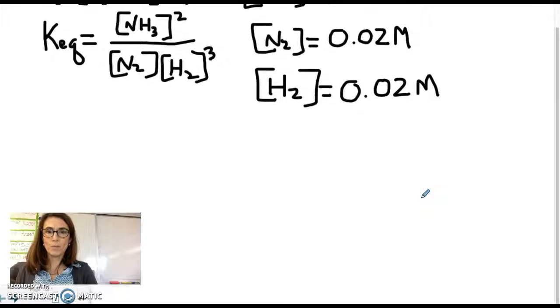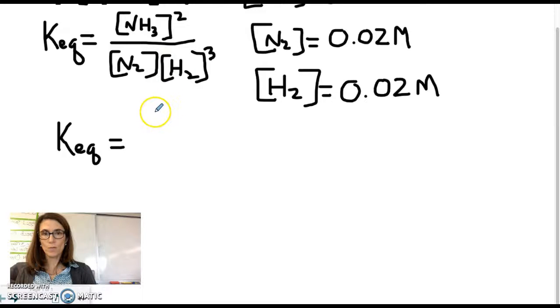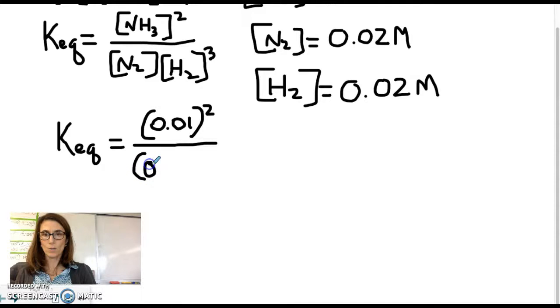So then all we would have to do now is plug those values in for our KEQ expression. So KEQ in this case would equal our concentration of NH3 squared, which is 0.01 squared, and then divided by the concentration of N2 to the first power, which is 0.02.